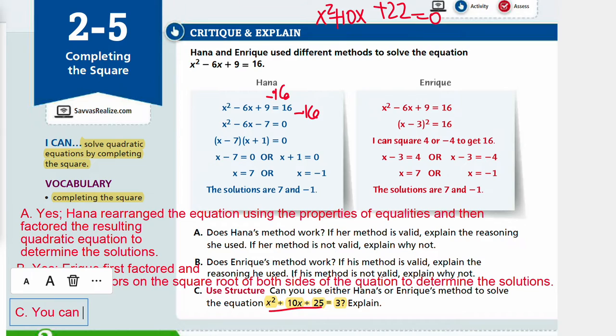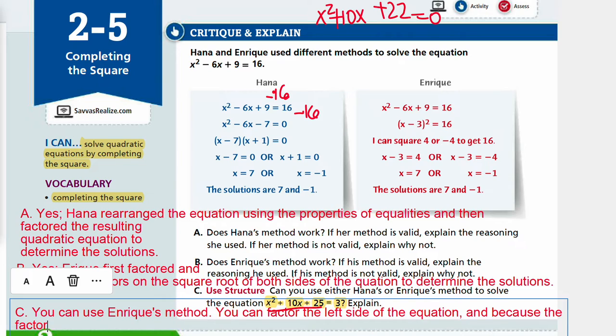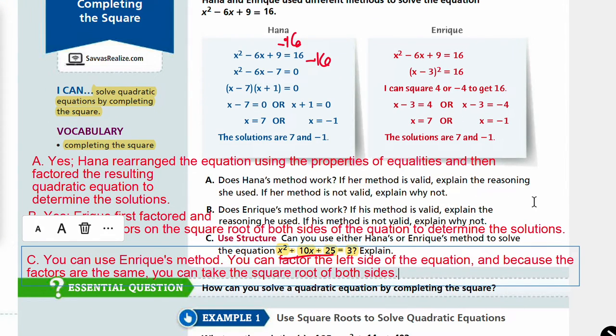So let's say that you can use Enrique's method because you can factor the left side of the equation, and because the factors are the same, you can take the square root of both sides, right? And we're not done.